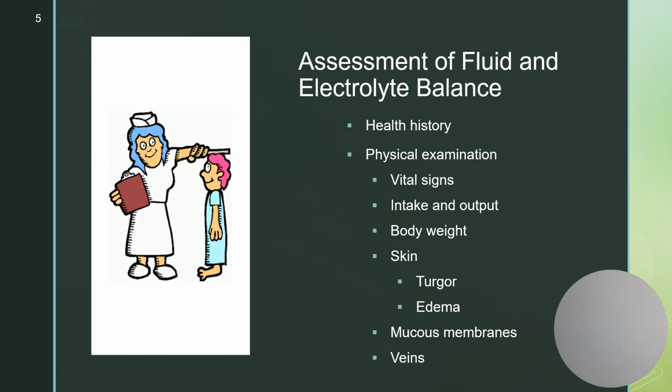Our intake and output. We need to assess our eyes and nose because this can indicate an excessive fluid loss or fluid retention. We also need to look at urine color.